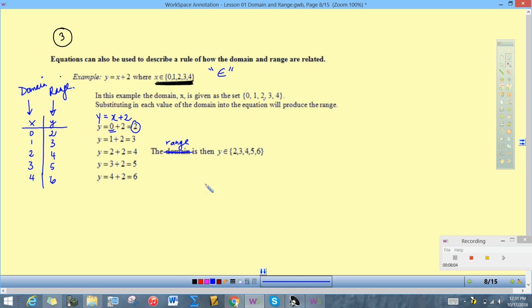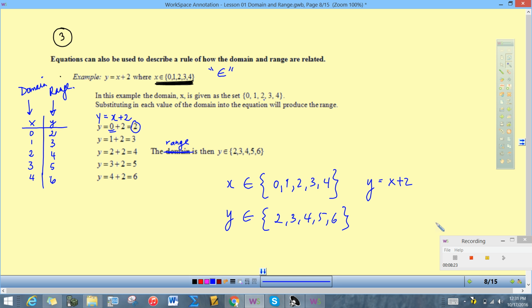Okay, so I could actually say that x is equal to 0, 1, 2, 3, 4, and in the equation y equals x plus 2, that means the corresponding range is going to have to be 2, 3, 4, 5, and 6. Okay, so I've shown this in a third way, as opposed to just using a mapping diagram or using a graph. I've done it algebraically now.